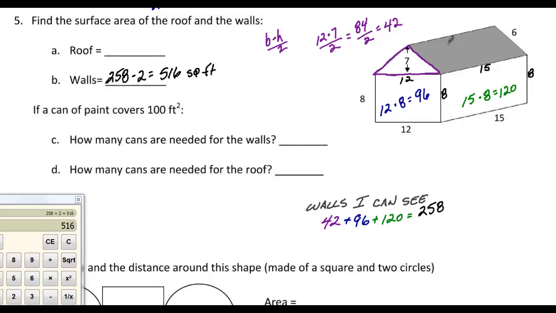Well, on the roof we have 15 times 6, or 6 times 15, doesn't matter, it's commutative. 15 times 6 is 90, so 90 is roof I can see. We're going to multiply that by 2 for the roof I can't see, and that gives us 180 square feet.